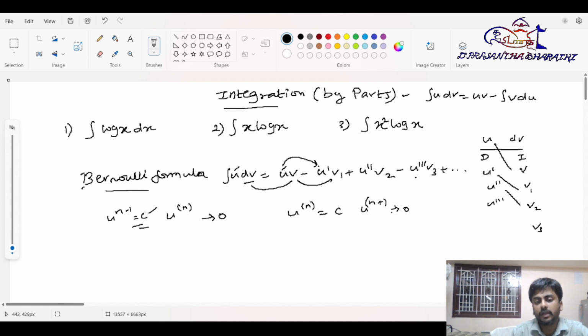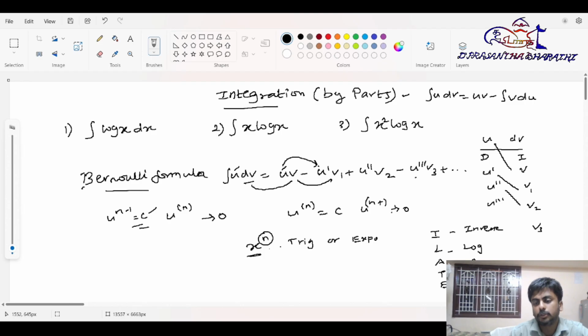So when to apply Bernoulli's formula: when you have x power n along with any trigonometric term or any exponential term, because you have one hierarchy like ILATE: I for inverse, L for logarithmic, A for algebraic, T for trigonometric, then E for exponential.